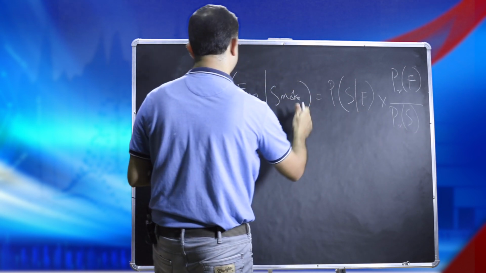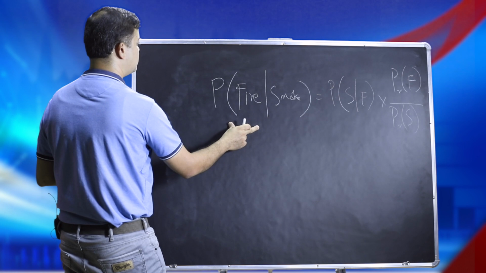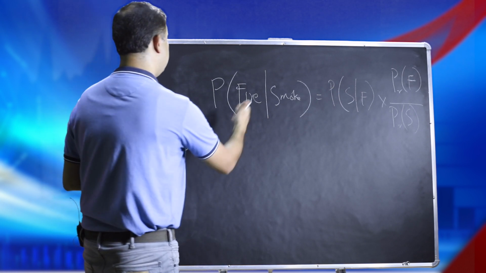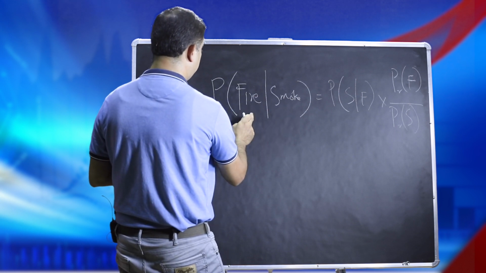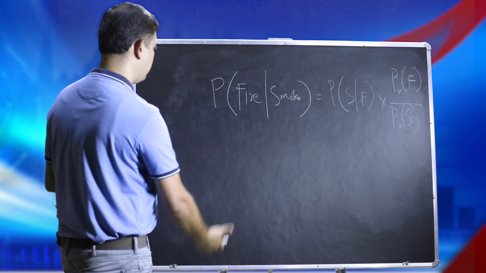This is how to solve for the posterior probability of the fire in case of smoke. If we detect smoke, what is the posterior probability that it is actually caused by the fire?